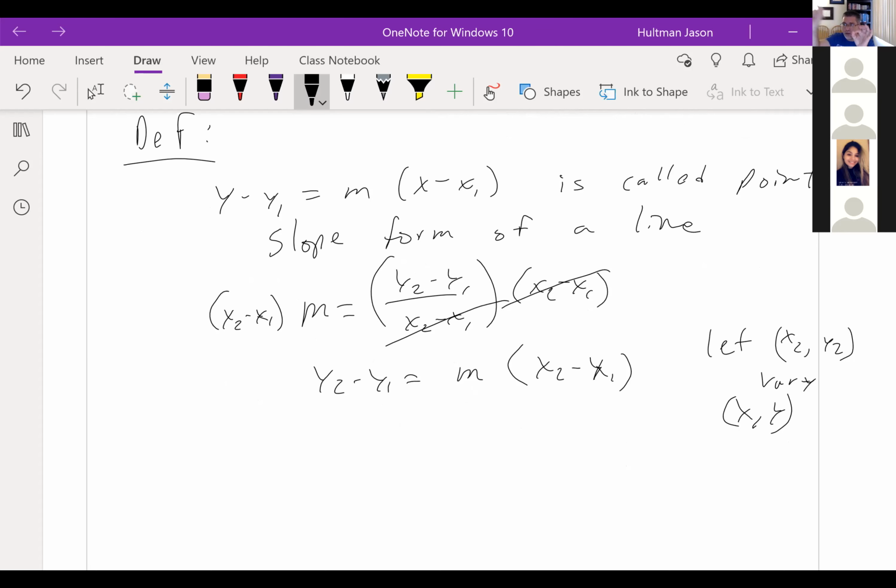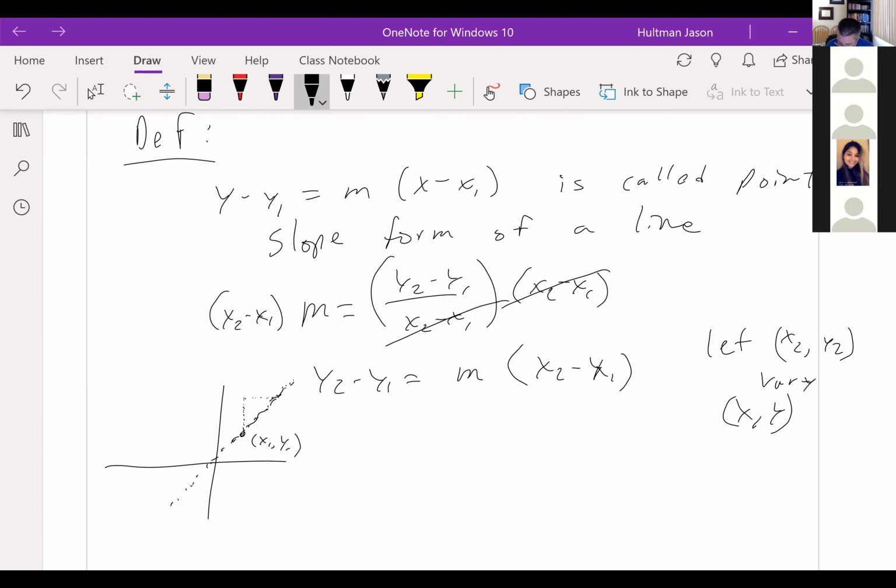So we have point x1, y1 here, but the second point is allowed to vary along the trajectory of going up by a certain amount and then going over by a certain amount. And that's called the slope.